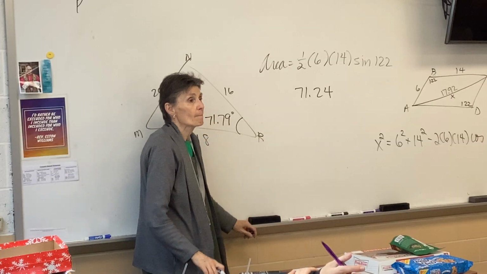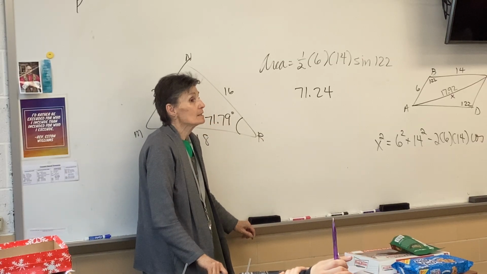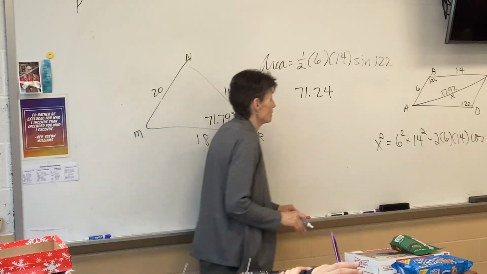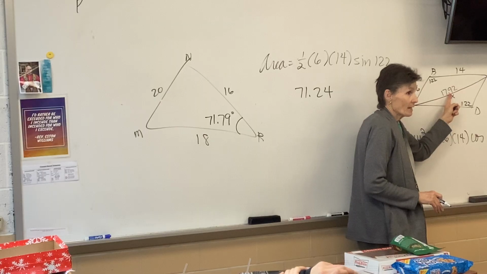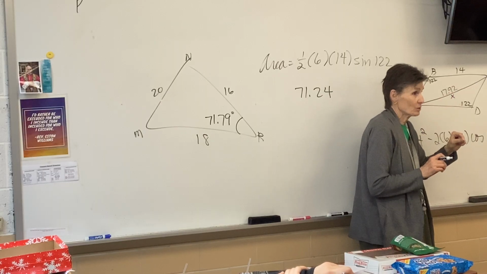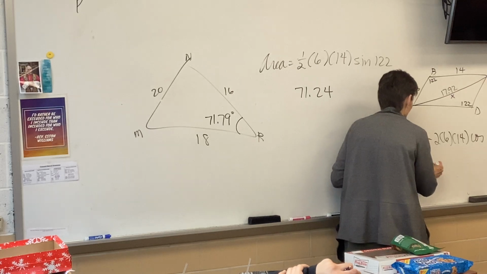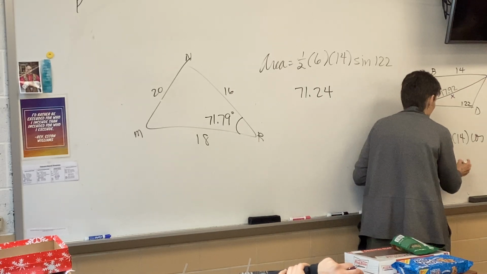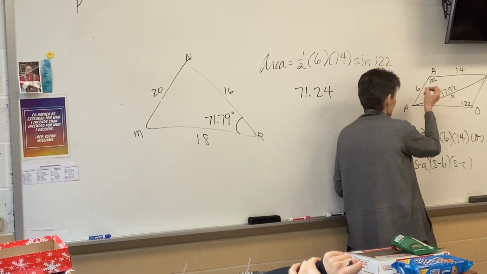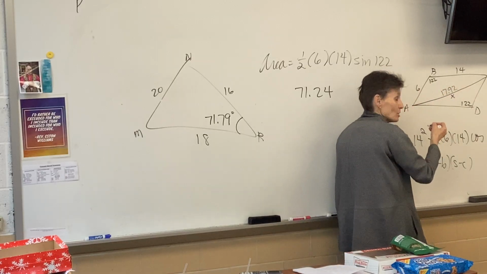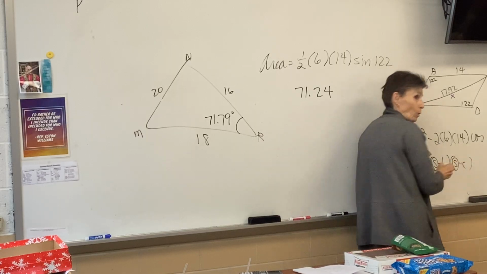Jimmy? Could you also do the other formula and then multiply it by two? Not the best idea, because this has been rounded off. I want you to think about that for a minute. When I do Hero's formula, S is all of those added up, right? So the round off error is built in 4 times.